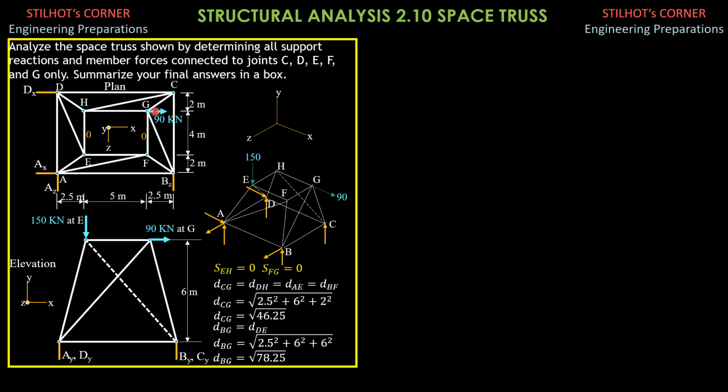We then set up equations at G. These are the colored forces. FG is 0, so not colored anymore.